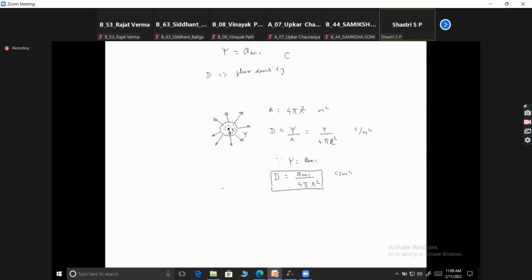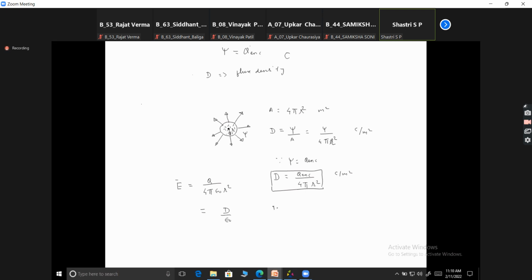Now, if I bring another formula which is known to you, the electric field intensity because of a certain charge Q at distance r, it is Q divided by 4 pi epsilon naught r square, right? If you compare these two relations, you can say that this is nothing but D by epsilon naught.